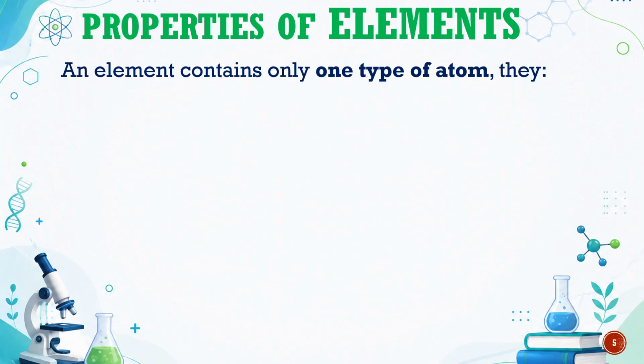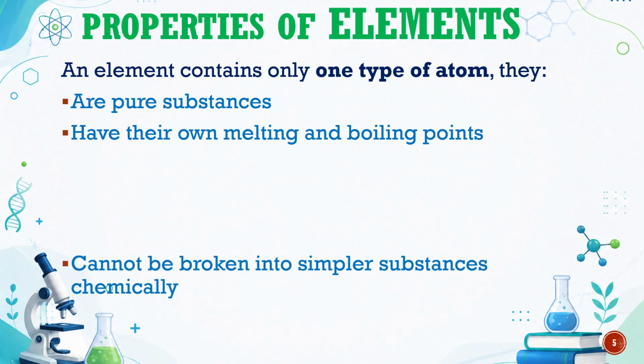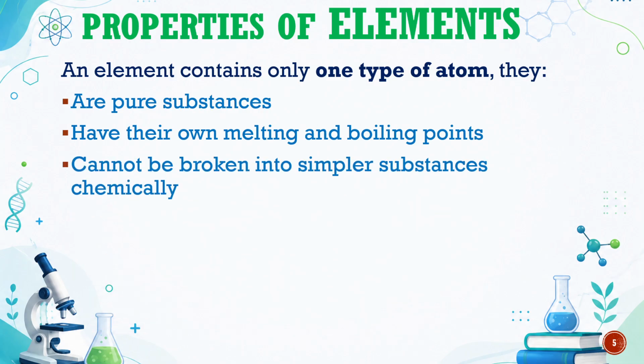So first and foremost, the base, the parent item, is the element. An element contains only one type of atom. Elements are pure substances, made up of only one type of atom.